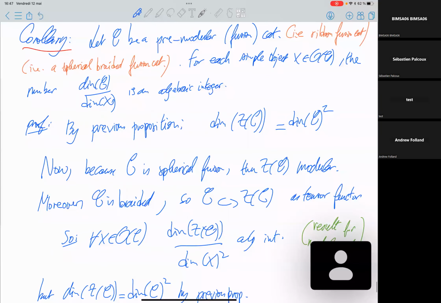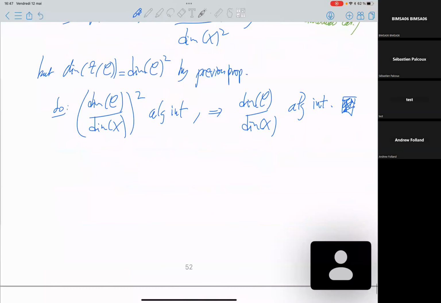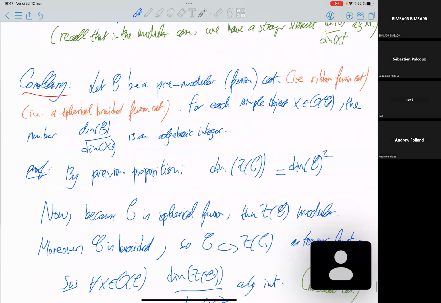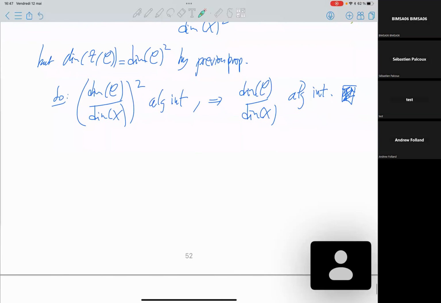Okay, so in fact, this result is really fundamental. It recovers a very famous result from finite group theory.